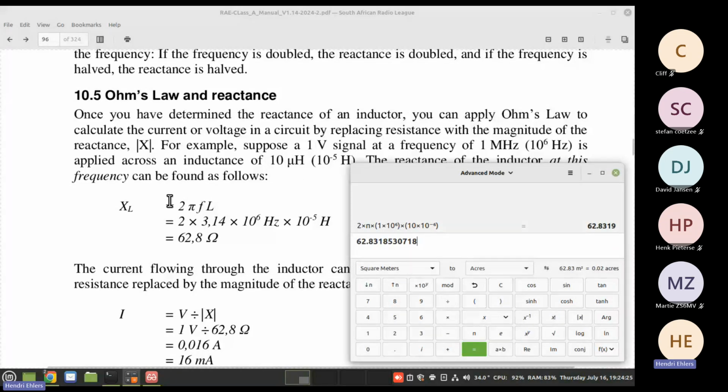And then you use your formula and you do it like this so that you know that your 1 megahertz is that, and your 10 microhenry is that. It's just the way I do it. I know other people mess around with these scientific notations, but you know what? Once you start messing around with that, your chances for a wrong answer are very good.